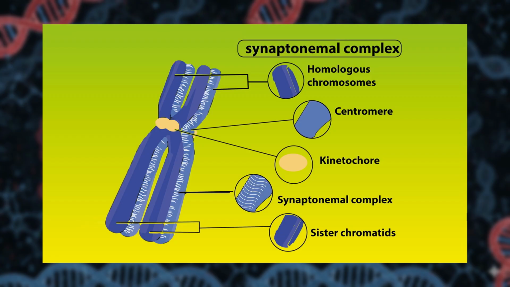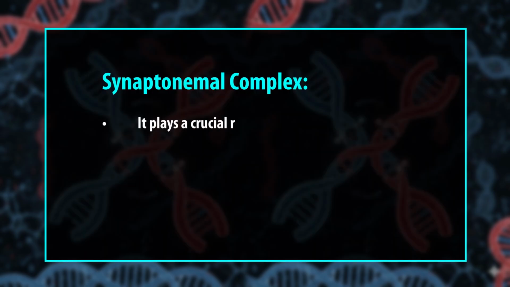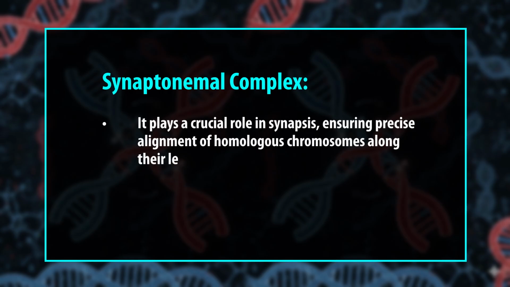Synaptonemal complex. The synaptonemal complex is a proteinaceous zipper-like structure formed between homologous chromosomes during prophase 1 of meiosis. It plays a crucial role in synapsis, ensuring precise alignment of homologous chromosomes along their length.